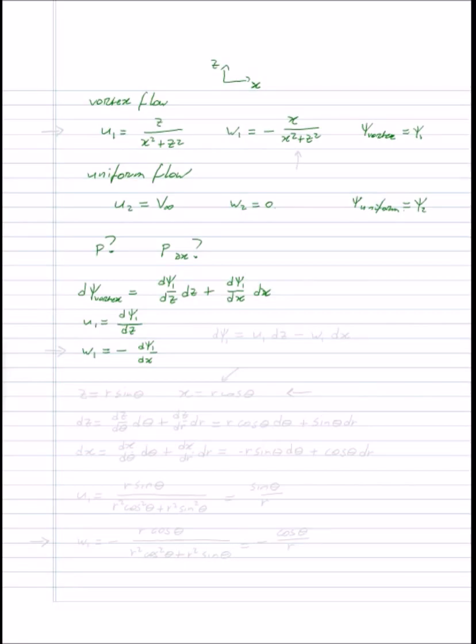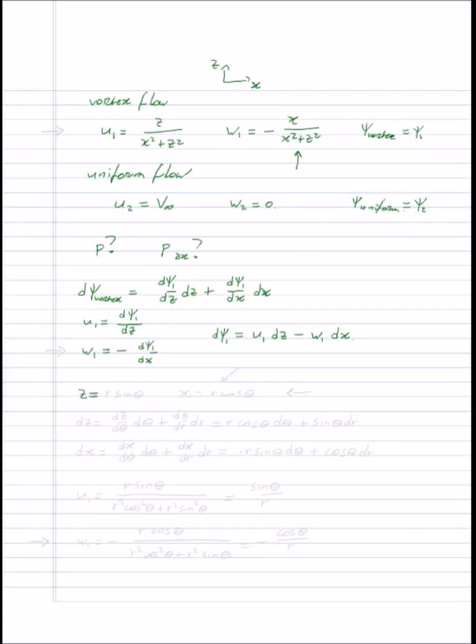So we can now write d psi 1 as u1 dz minus w1 dx. Right, so if we want to solve this, we see ourselves having an x squared and a z squared, so to transform in polar coordinates will probably give me something nice. So we're going to do that.